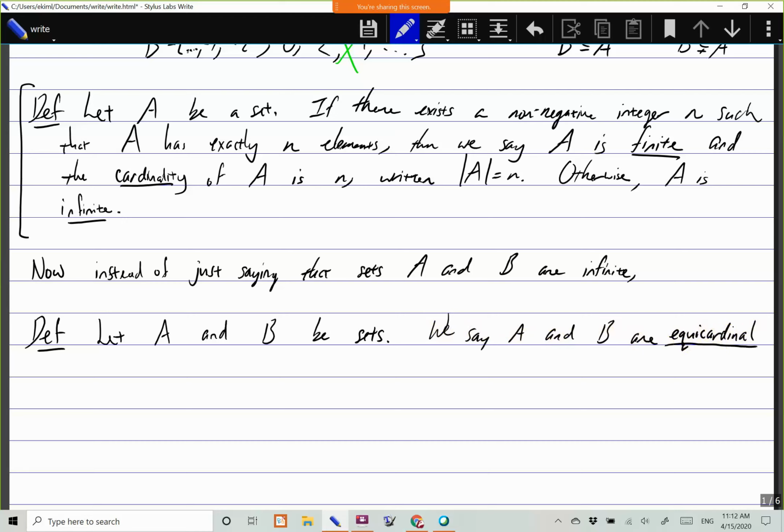It's a fancy word just trying to say same cardinality, same number of things, if there exists a bijection from A to B.